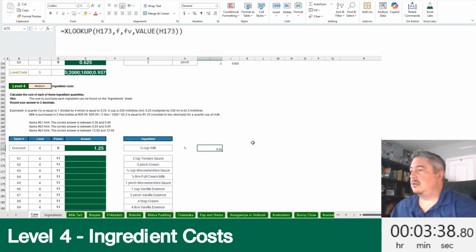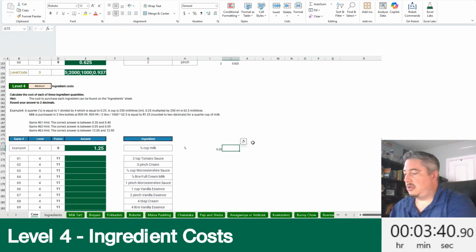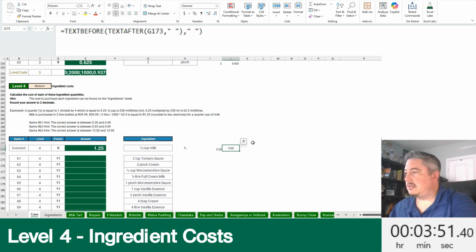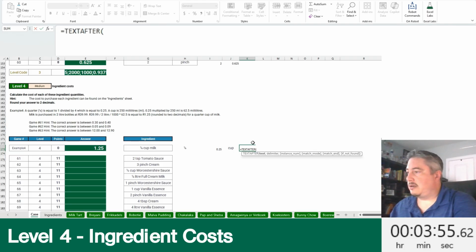Okay. So that's our quantity. Equals what? Before, after. Okay, so that's our unit, and our ingredients will be after the second space.